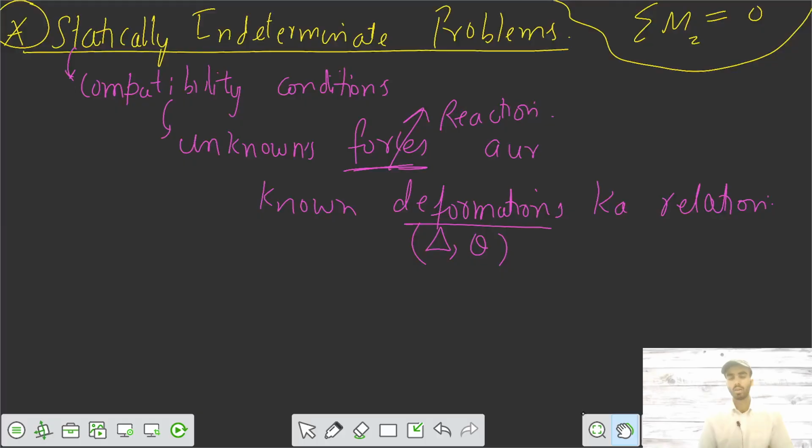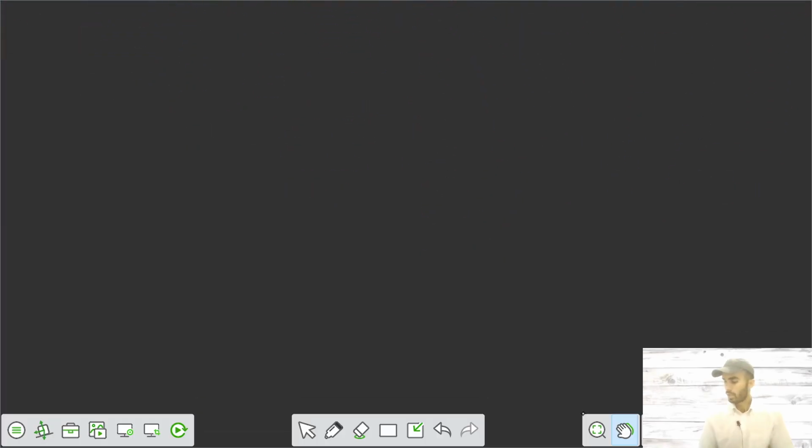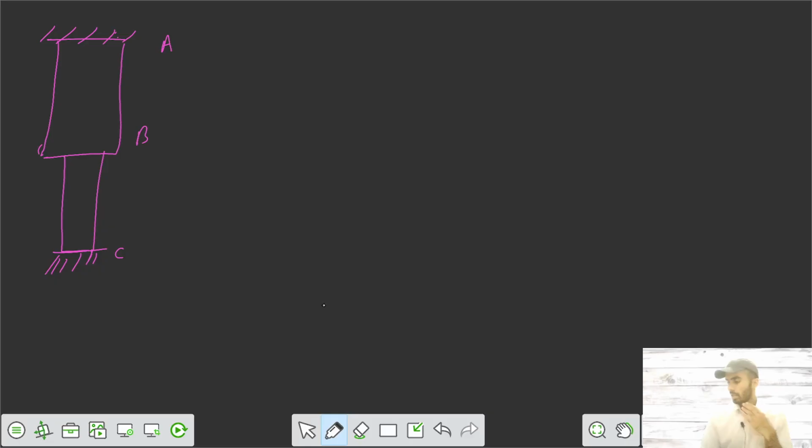Let's say you have a stepped bar. Here it is supported, fixed support, bar AB, and the next bar is BC, which is also supported. Then you apply an external force P here.